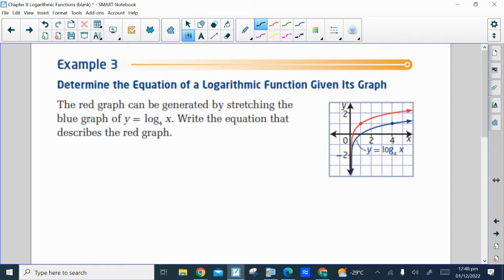So by comparing those 2 points, it has to be a horizontal stretch. It can't be a shift because both graphs have the same vertical asymptote, the y-axis. If the graph shifted to the left, that would shift as well. It didn't. So one way to do this is to say that there is a horizontal stretch by a quarter.